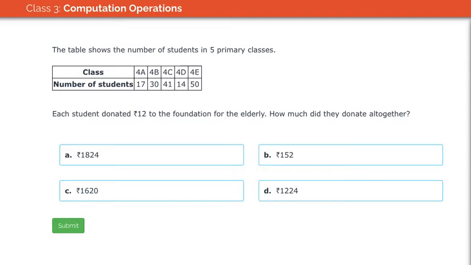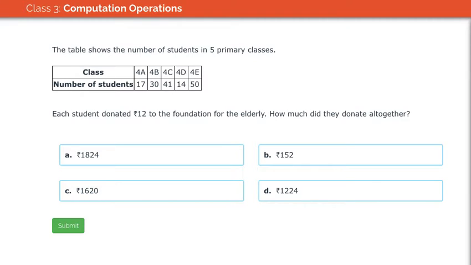But I can see in the ones column they're all equal to 12. 7 plus 4 is 11. Plus 1 is 12. Plus 0 and 0 is still 12. So 2 will remain in the ones place. 1 will be carried over.